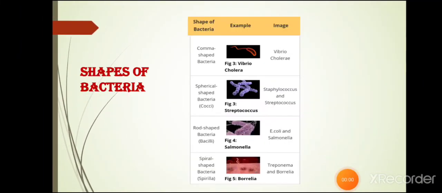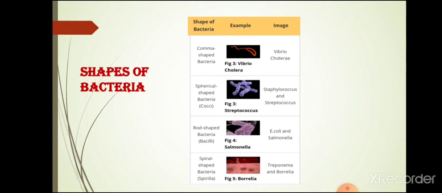Our next topic is shapes of bacteria. Bacteria are present in different forms. On the basis of shape, bacteria are classified as comma shaped, spherical shaped, rod shaped and spiral shaped bacteria. Comma shaped bacteria look like a comma, and the example is Vibrio cholerae.